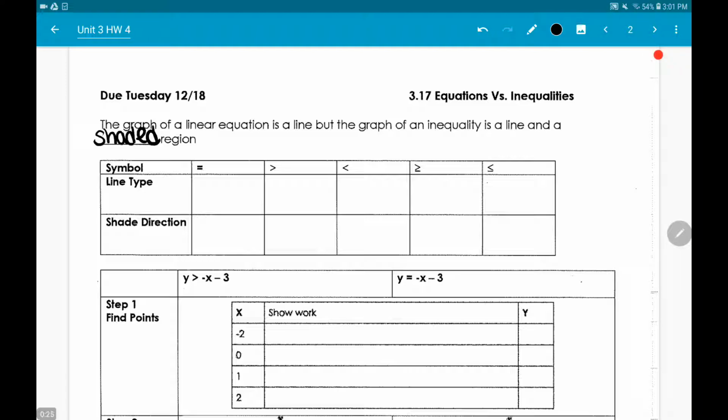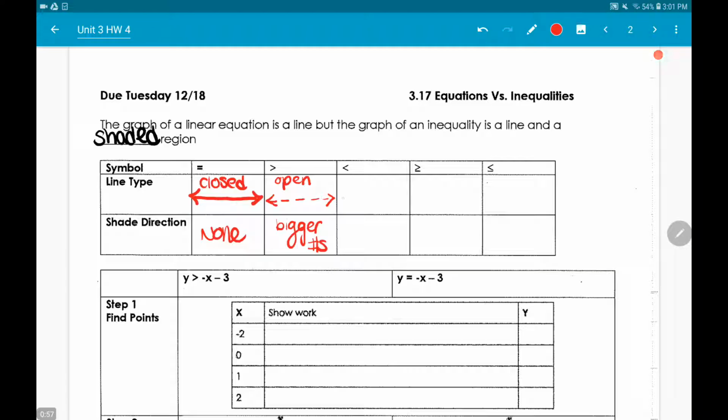Okay, so when we have an equal sign, the line type is closed. And there is no shading. When we have a greater than symbol, our line type is open. And our shading is bigger numbers.